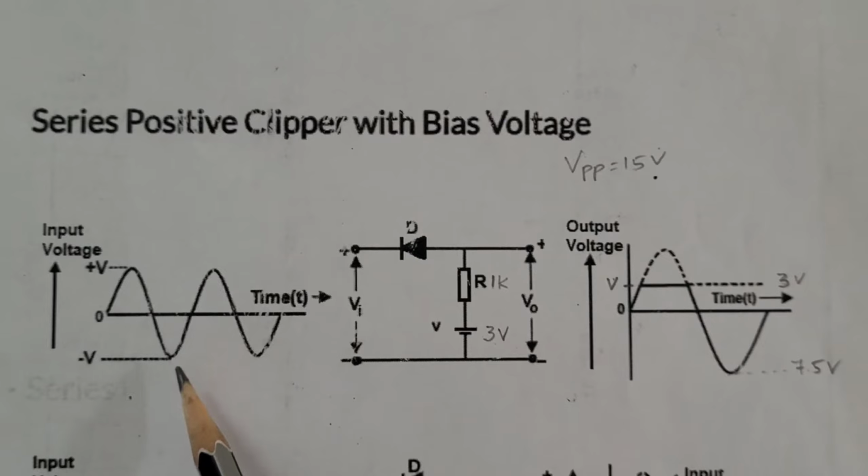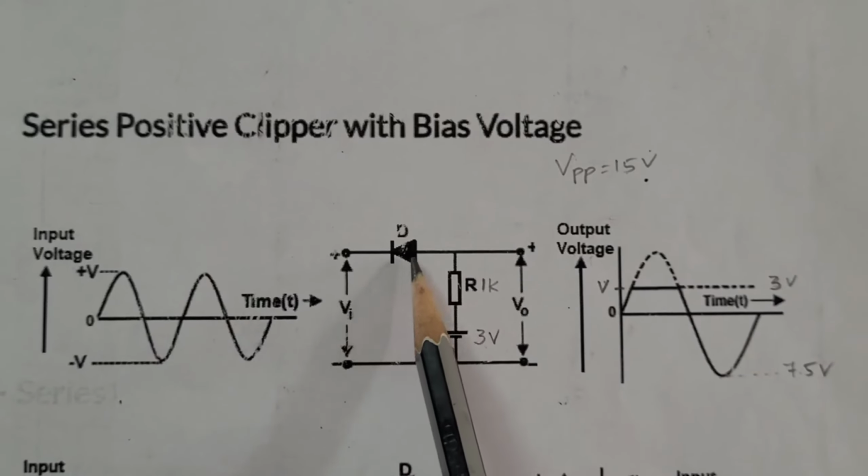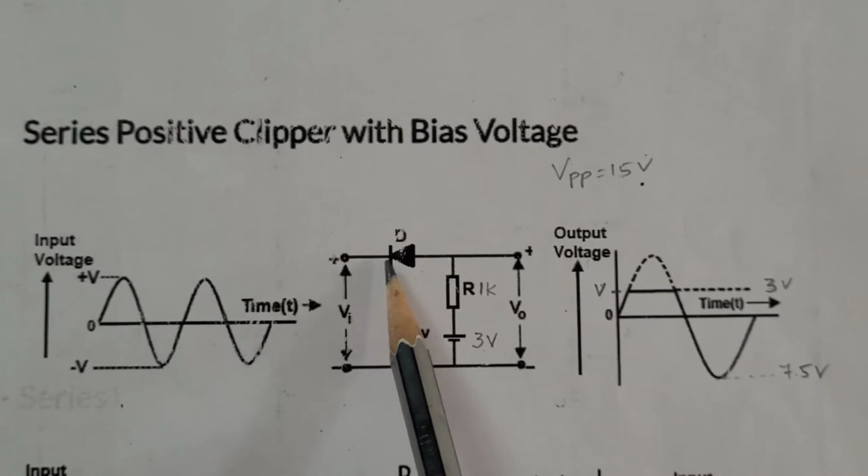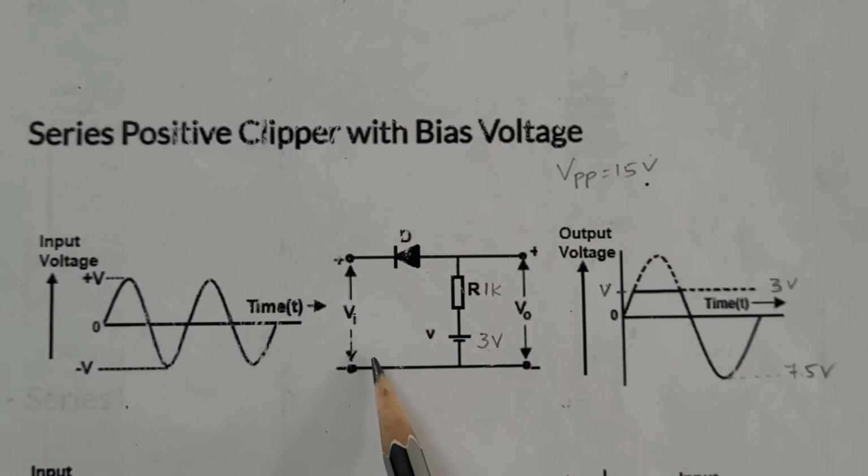During the negative half cycle, diode gets forward biased and a closed path is established, so the same input waveform is appearing at the output. In this way, this circuit is clipping off the positive portion up to the positive bias voltage, 3 volt.